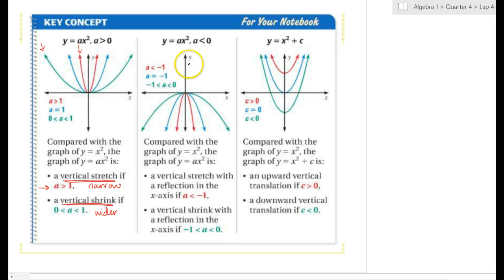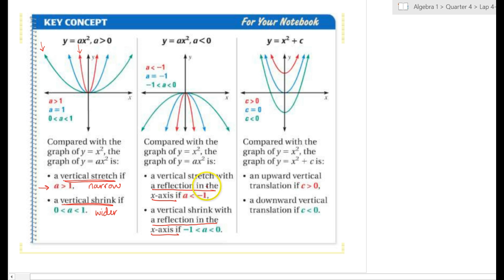In this middle segment, we start worrying about the positive or negative. If it's positive, then we see that it's going to be opening up, like we've talked about. When it's negative, it'll open down, okay? But when we're comparing it to the parent function, we call it a reflection in the x-axis, like we see in both of these statements.